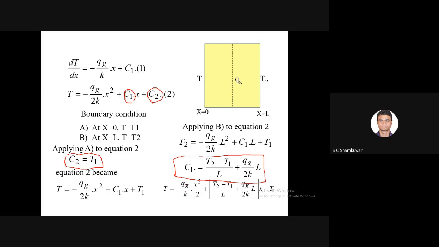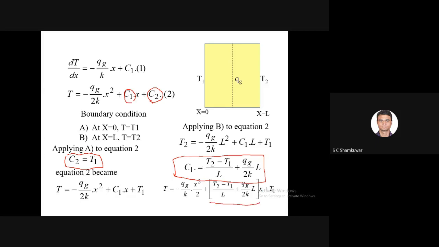T = -(qg/2k)x² + [(T2 - T1)/L + qgL/(2k)]x + T1.